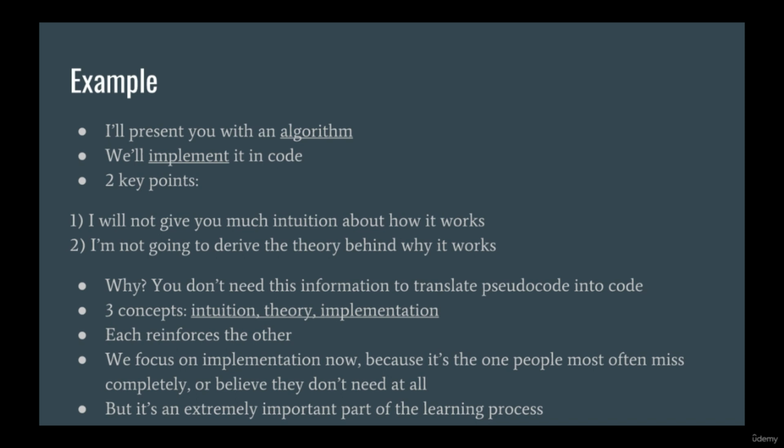The reason I want to mention these two key points is that you should realize you don't need these two pieces of information in order to translate pseudocode into code. A lot of time, these three concepts, intuition, theory, and implementation, work to reinforce each other. The reason I'm focusing on implementation right now is because it's the one people most often miss or think they don't need at all, when really it's an extremely important part of the learning process.